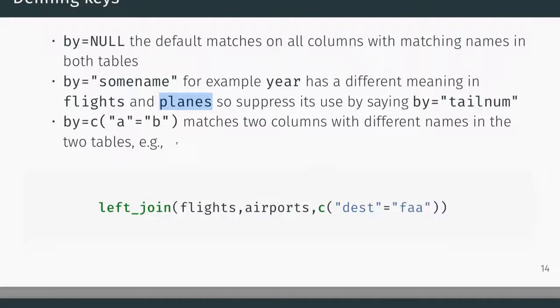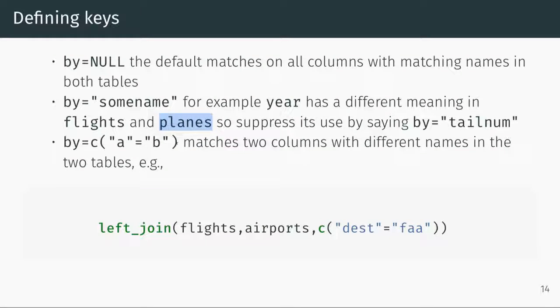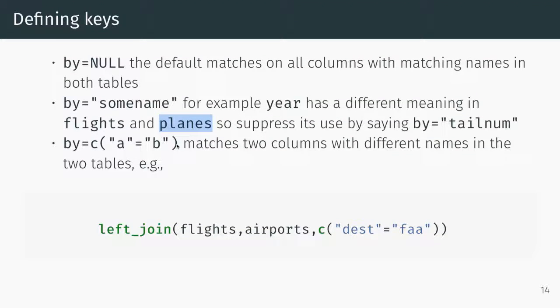And the other thing we can do, so sometimes we'll have the situation where we have two names that differ, but they mean the same thing. So, for example, the faa name in the planes table has the exact same meaning as the dest column in the flights table.